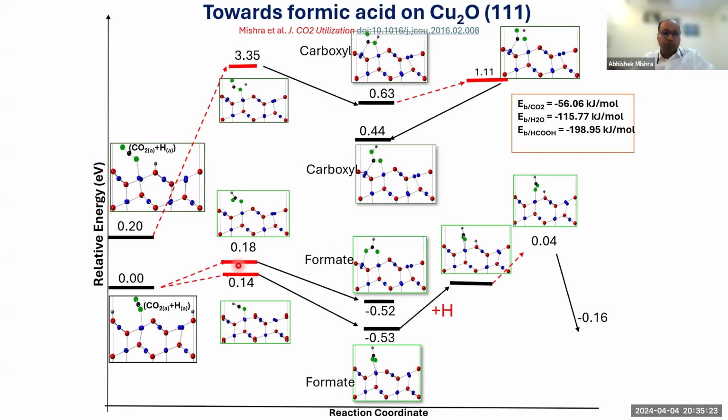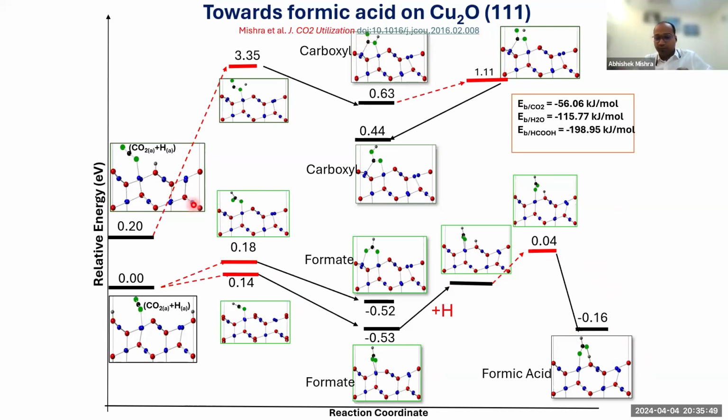That means in no time you will be going towards this particular reaction, not the one of carboxyl. So in a one-line summary, you will be forming the formate over copper oxides. And once you have formate, in no time you will have the formic acid formation on copper oxide 111 surfaces.